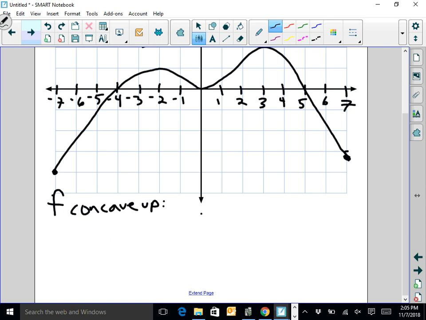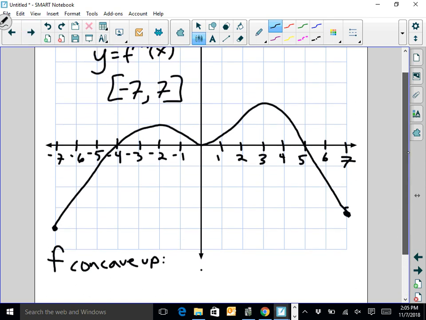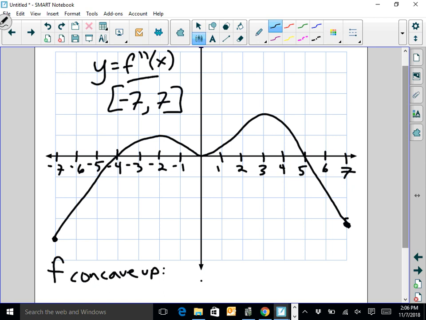Okay? For concave up in graphs, we need to know two definitions. For an F prime graph, F prime is increasing. For an F double prime graph, F double prime is greater than 0. Okay, so I want to report where on this F double prime graph am I greater than 0? Well, we're going to be concave up from -4 to 0, union 0 to 5.